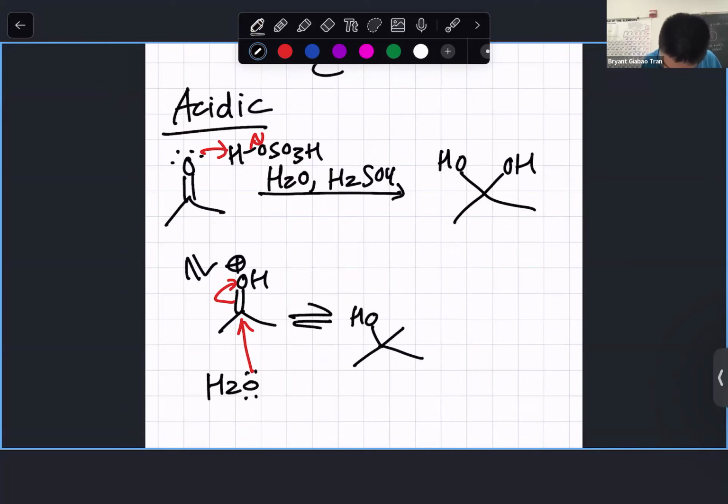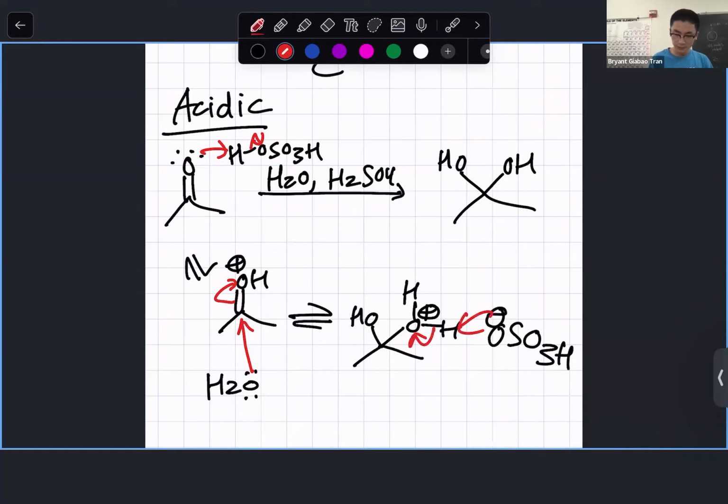And then last step, deprotonate that OH2 plus to get to the geminal diol or hydrate there. Right, that is acid catalyzed geminal diol formation.